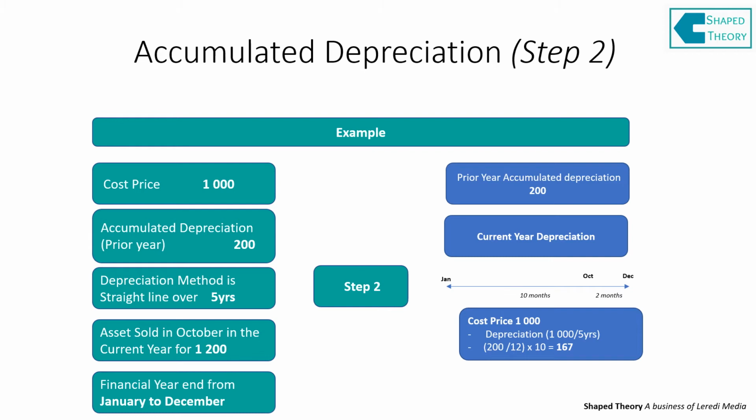As a result, we will take the 200 and divide it by 12 months to get to a monthly amount and multiply that by 10 months, which will give us 167 as a depreciation for the current period, or depreciation amount for the 10-month period.